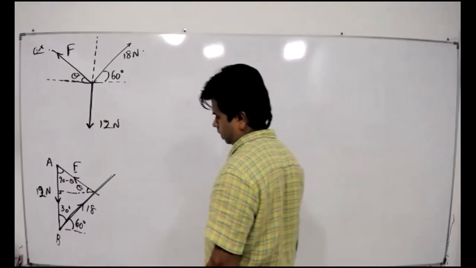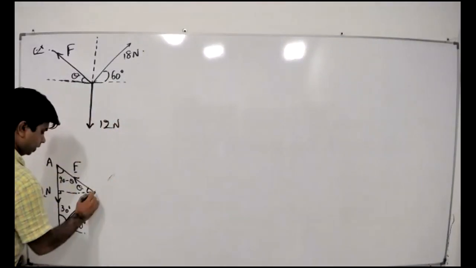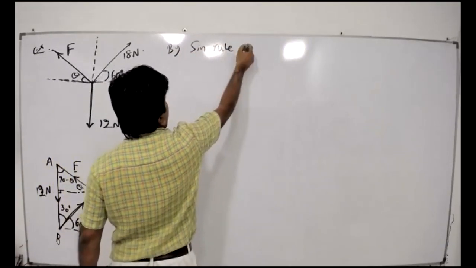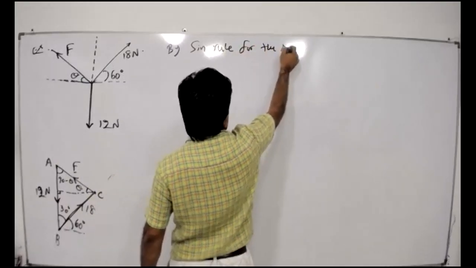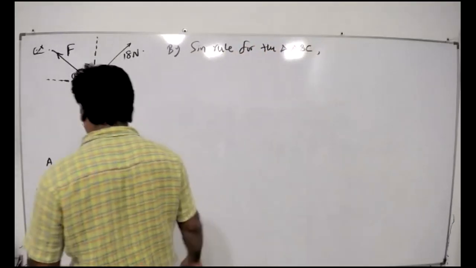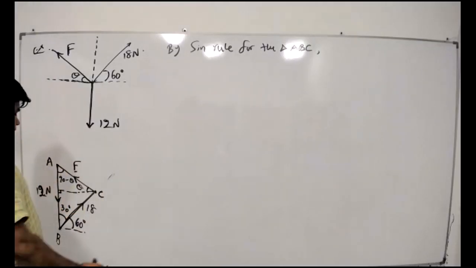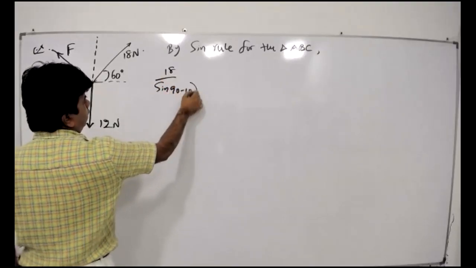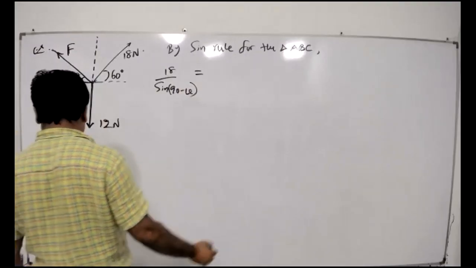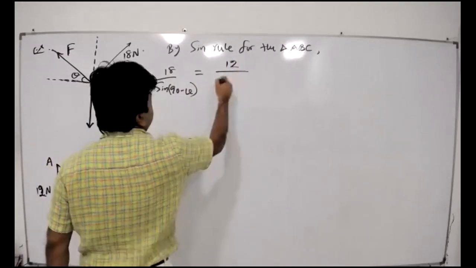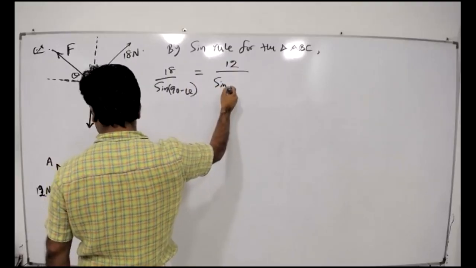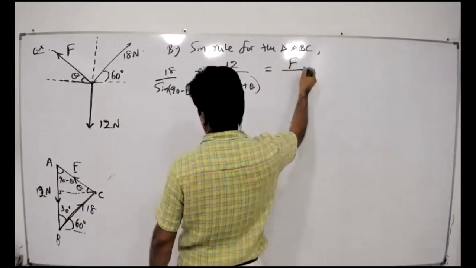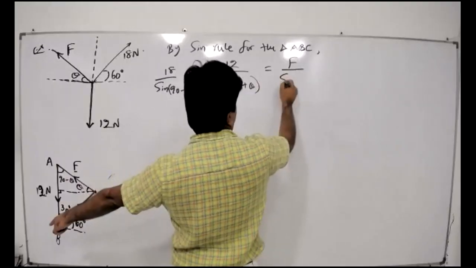Now, by sine rule for the triangle ABC, right? What does sine rule mean? You know that 18 over sine of 90 minus theta equals 12 over sine of 60 plus theta, and equals F over sine 30.